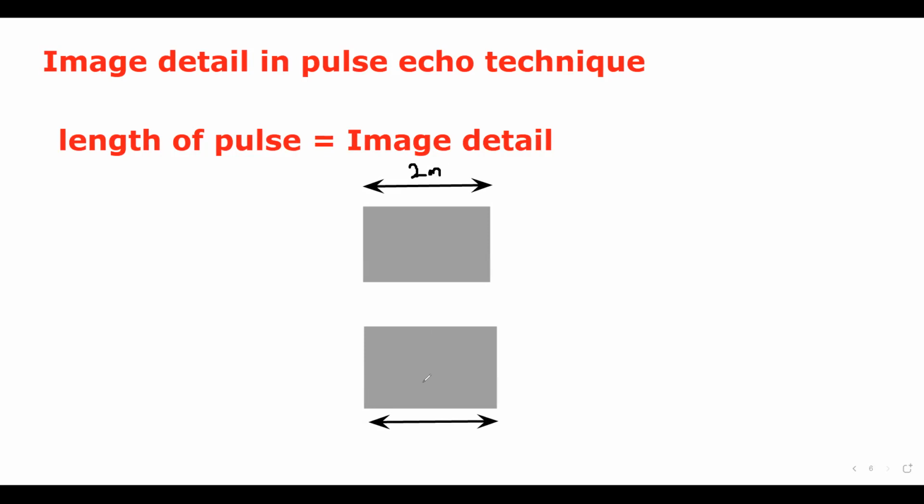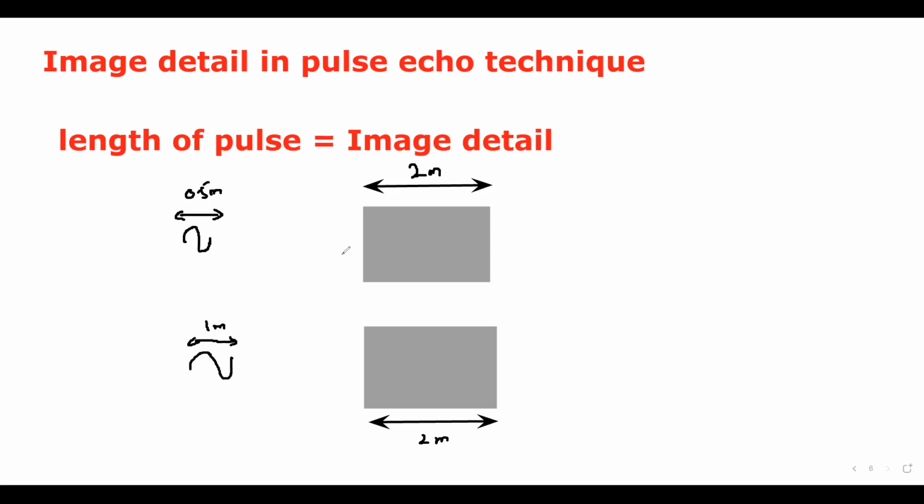So this is 2 meters, this is also 2 meters. And we are using two pulses: the length of one pulse, for example, is 0.5 meter, and the length of the other pulse, say, is 1 meter.